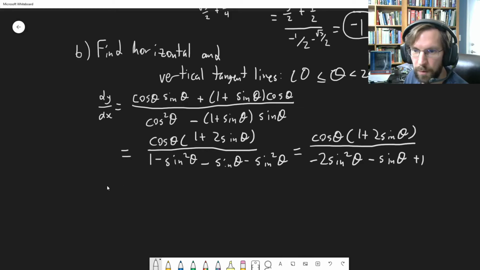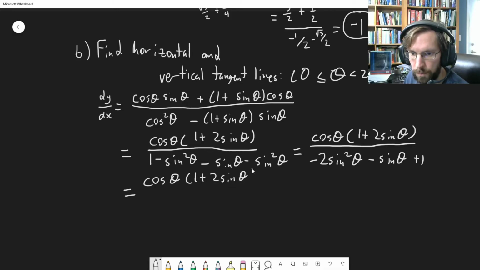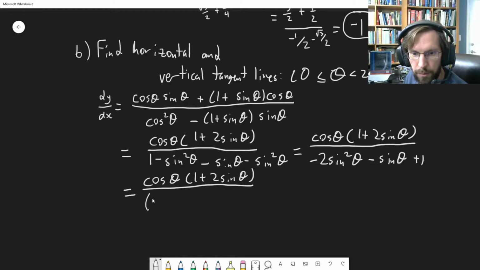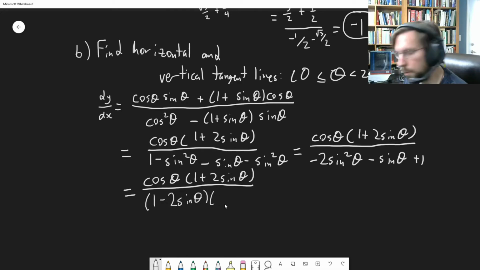And the denominator factors as well, which is going to be helpful for finding zeros. Okay, the denominator factors into 1 minus 2 sine theta and 1 plus sine theta.